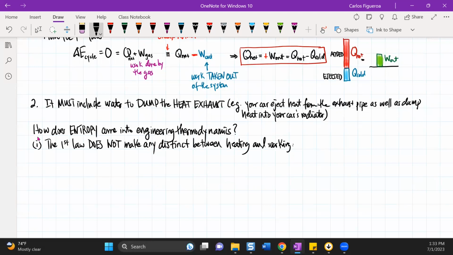In fact, we already said here that for a cycle, we know that the change in internal energy is zero, but then we have the net heat plus the negative work out, which implies that the net heat must be the work out. In other words, I can't tell the difference between those two.